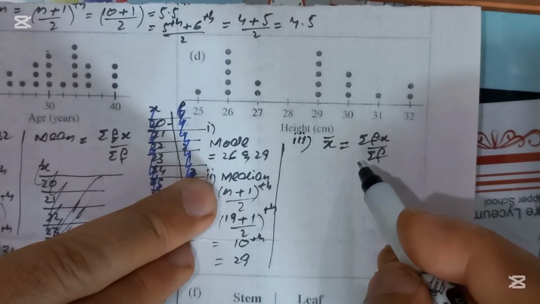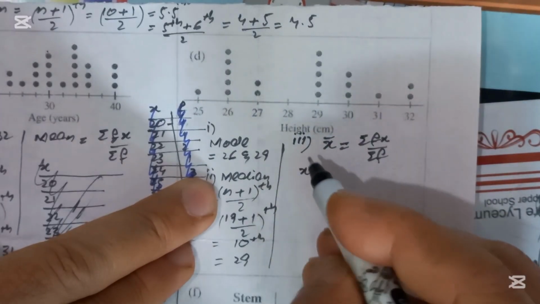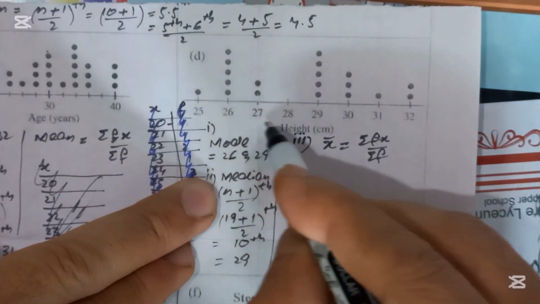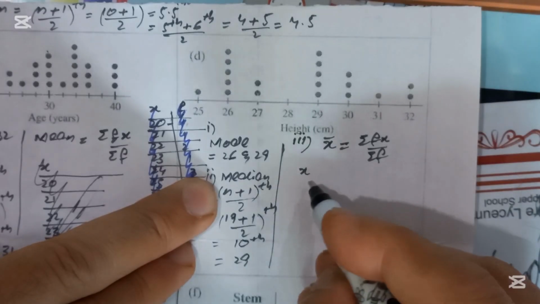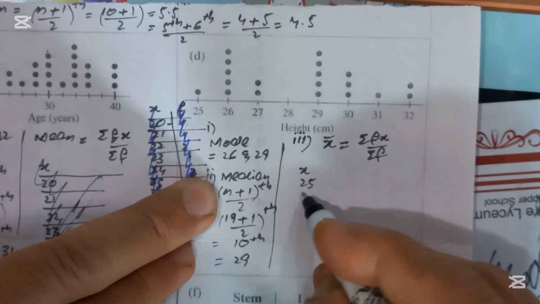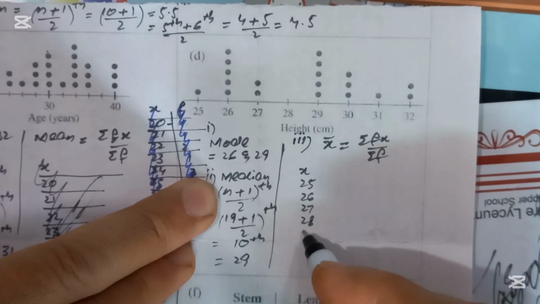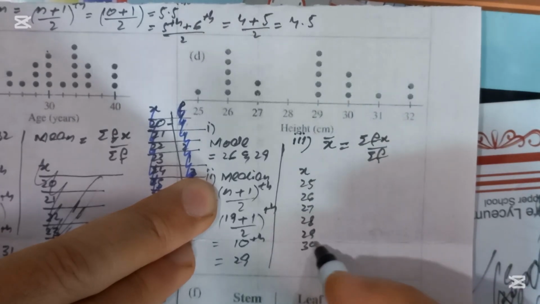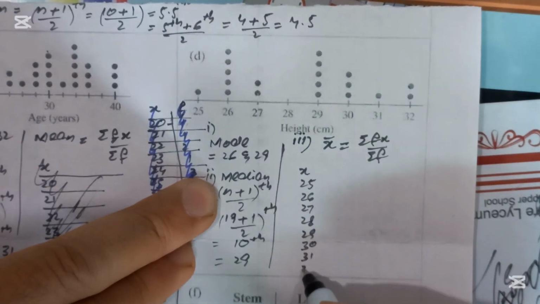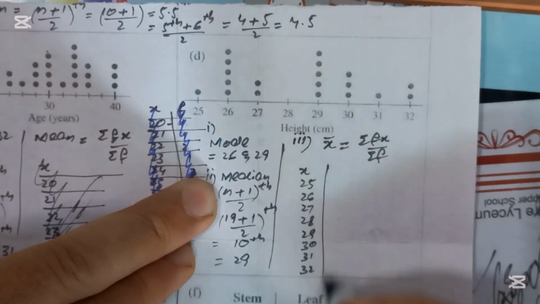Now we will draw the table. The values are coming from 25 to 32. So 25, 26, 27, 28, 29, 30, 31, and 32.